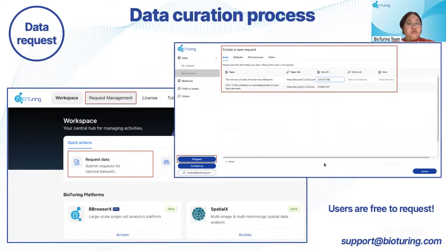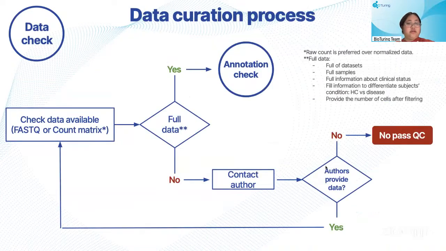And next we go to the data check. So as you can see in this flow chart right here, this stage involves an evaluation of the submitted data. So we begin by checking if the essential data files are available, right?